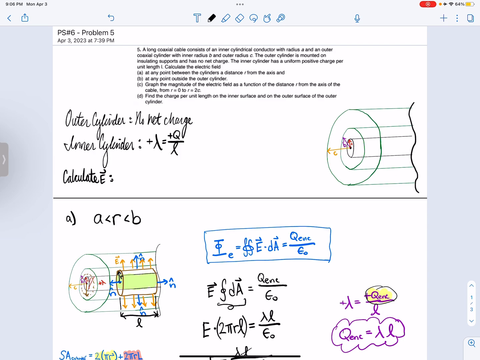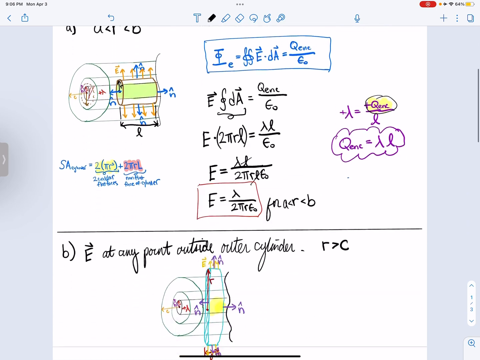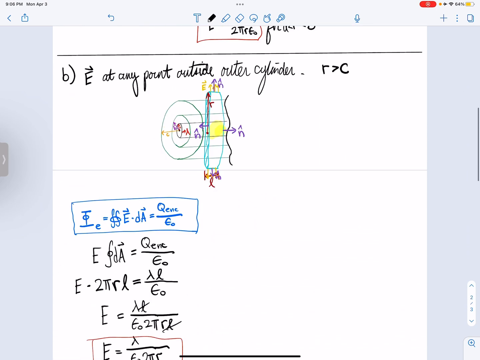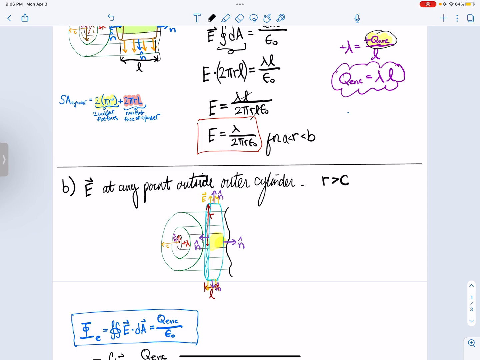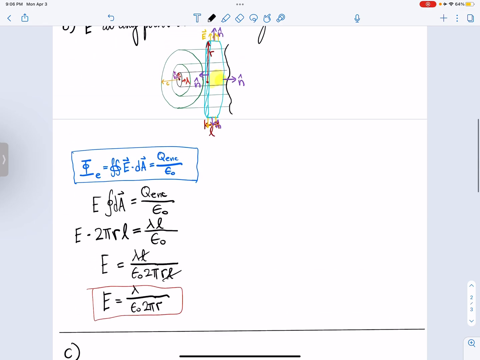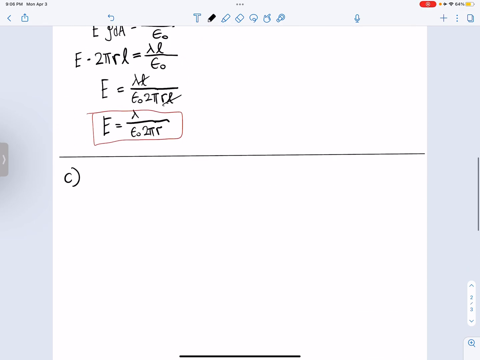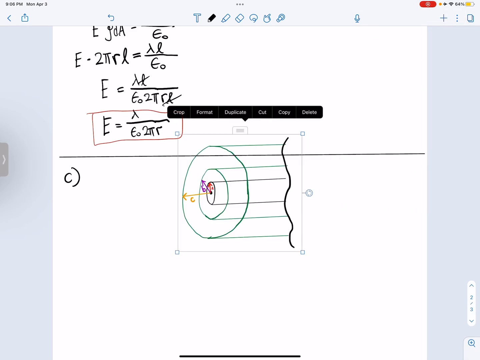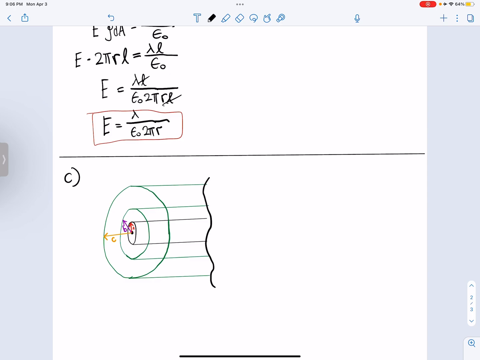So for part C, we're going to graph the magnitude of the electric field as a function of the distance r from the axis of the cable, from r equals 0 to r equals 2c. So we're going to graph the magnitude of electric field as a function of r, which is our radius for a Gaussian cylinder, our Gaussian surface, from the axis of the cable.